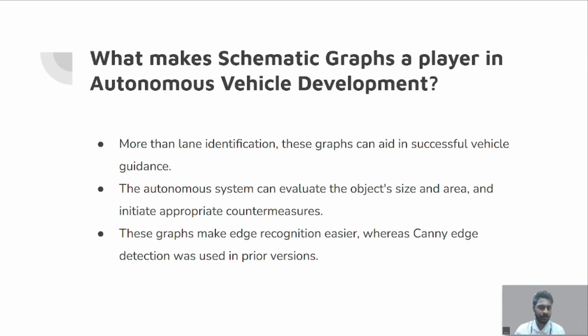These semantic graphs can evaluate the object size and area, and can also initiate appropriate countermeasures. If there's a car, then the AI should take a big turn, or it should stop. Or if it's a person, it may stop or it may dodge with respect to the speed of the vehicle where the AI is present.